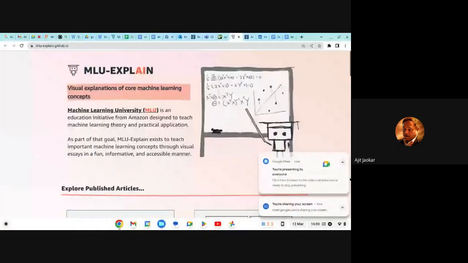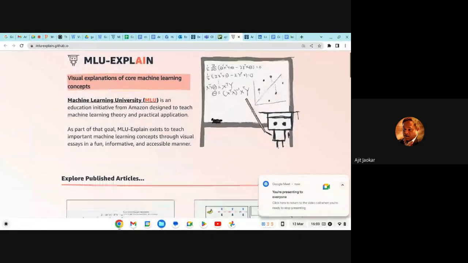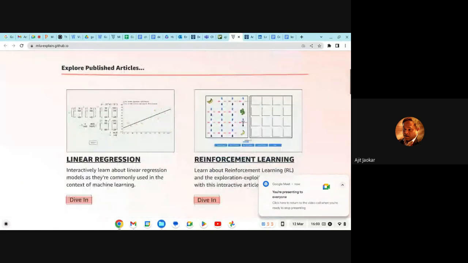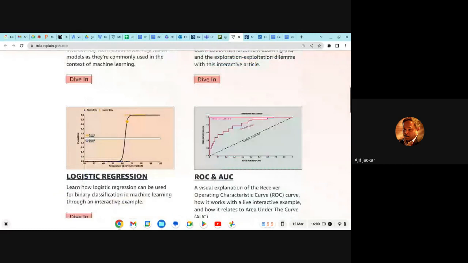Okay, so this particular thing is from Amazon. I really liked it very much because it's a very visual way of representing algorithms. And it also represents some things which I wanted to talk to you about. My goal in this session was to have you work in groups and present things to each other, but that isn't possible.